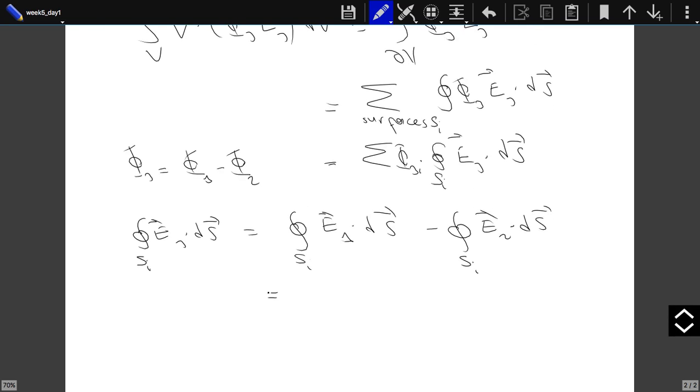So this is equal to Qi over epsilon 0. This is the first integral. But the second integral is also an electric field, so it is also Qi over epsilon 0. And hence this integral is 0. So each one of these integrals is itself 0. So the sum is 0.